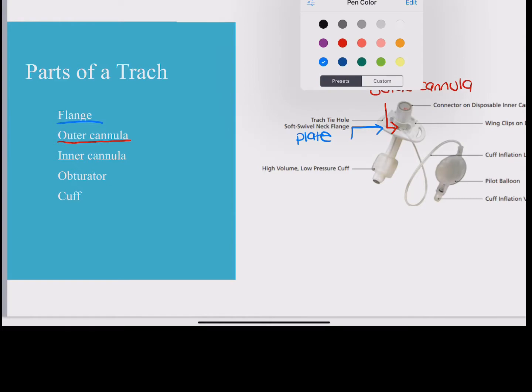Our inner cannula, I don't know if there's a little picture here for me to point out the inner cannula, but basically, you see that you have a connector for the disposable inner cannula, which is this guy right here.